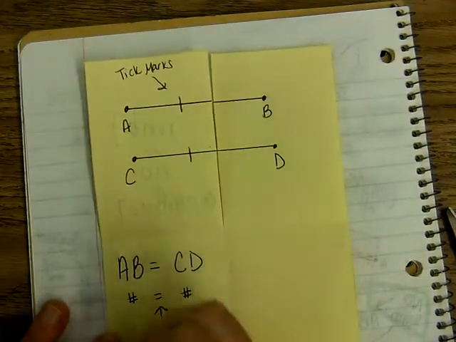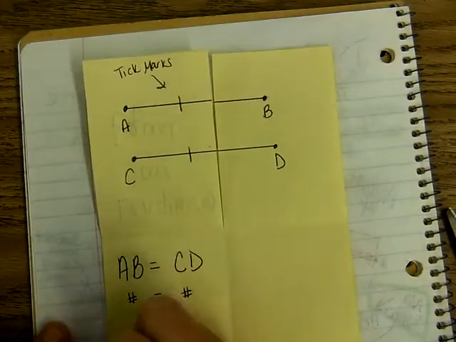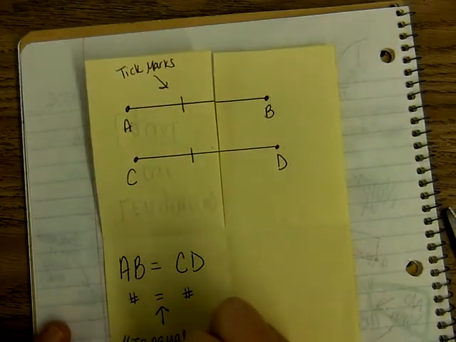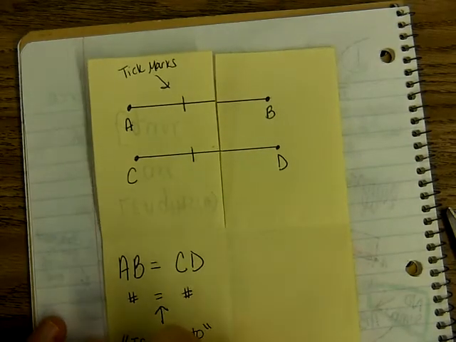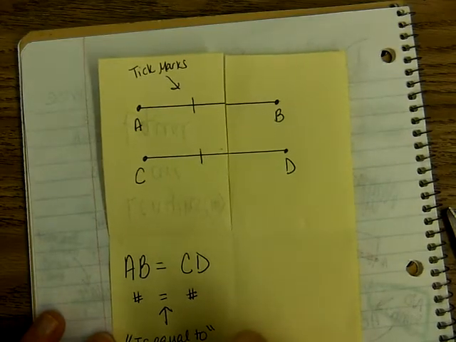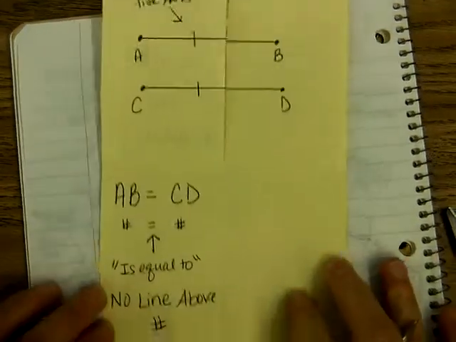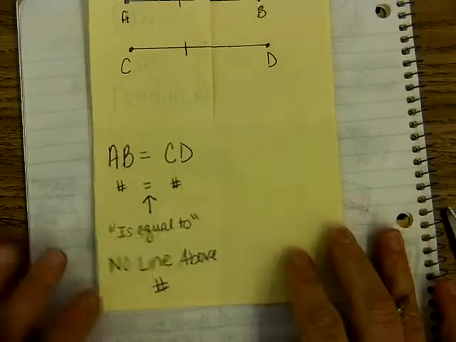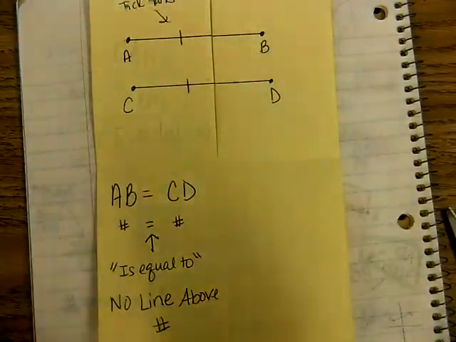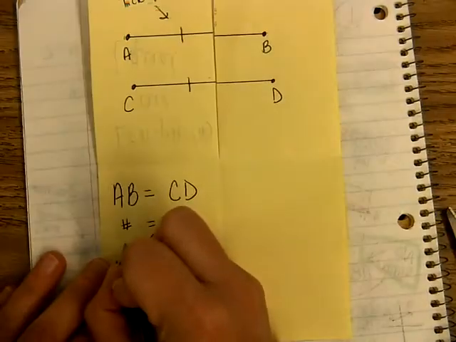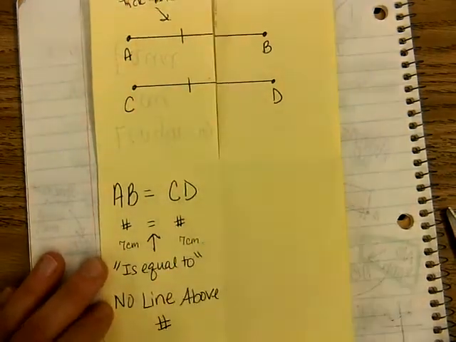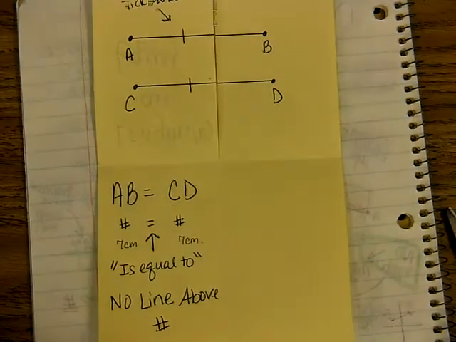AB is equal to CD, there is no line above because we're talking about a number. And that number is the actual visible length. In this particular problem, it was 7 centimeters and 7 centimeters, just to make sure that I had mine exactly the same.